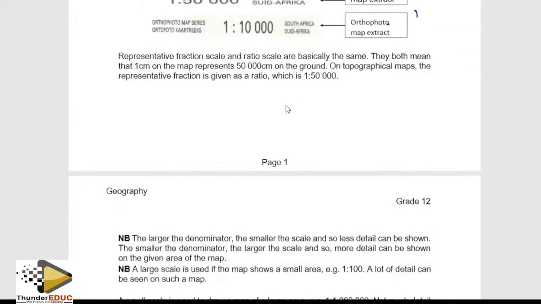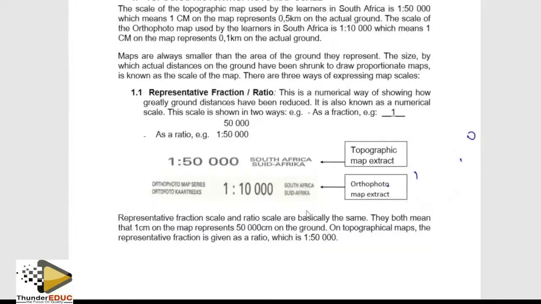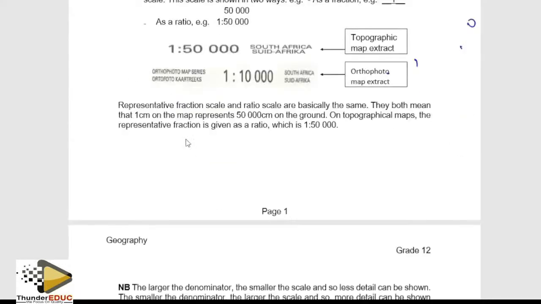What you must note is that this number here is in reality bigger than this. Mathematically, 50,000 is bigger than 10,000. But in terms of the ratio representation, this one represents an enlarged section, and this one represents a smaller section.